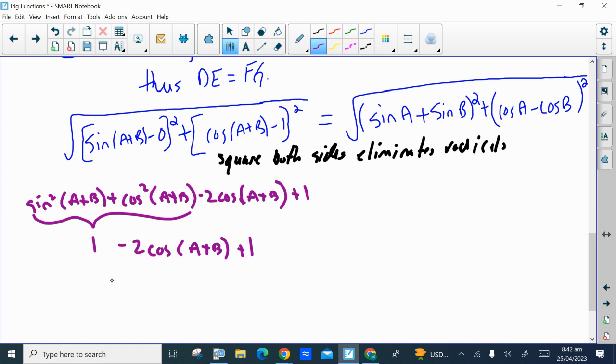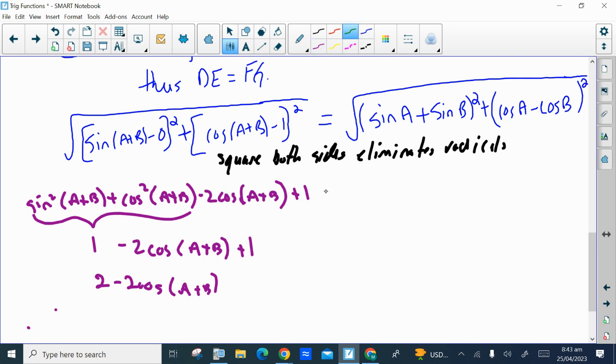And the 1 plus 1 gives you 2 minus 2 cos a plus b. So let's leave that there for now.